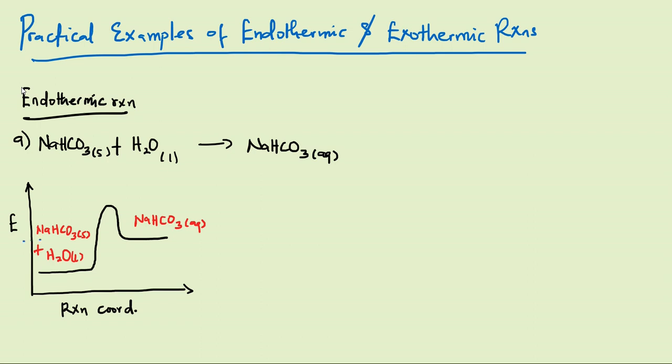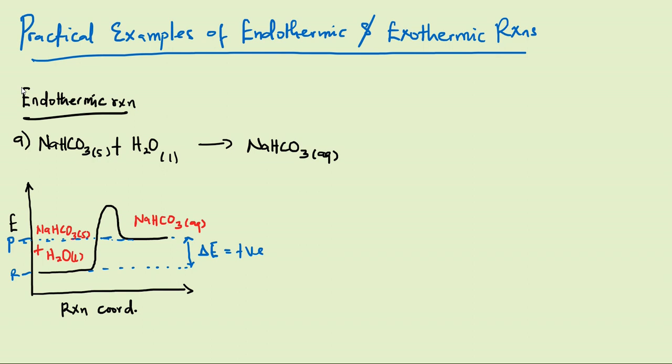So when you look at the product, which is sodium bicarbonate aqueous, and you compare it to the reactant, which is the sodium bicarbonate solid and liquid water, we have an energy difference. And in this case, this energy difference would be positive because the energy of the product is greater than that for the reactant, so this will be positive.